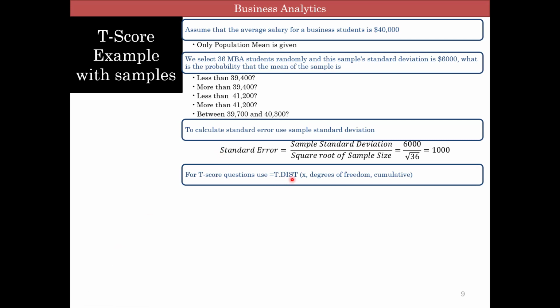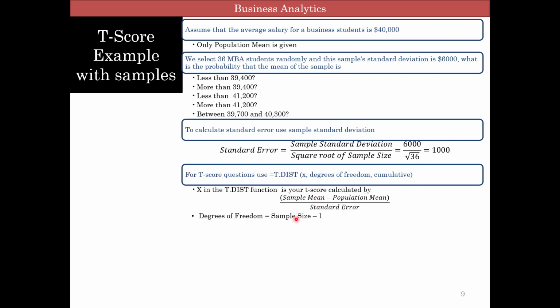You use T.DIST. In Excel, T.DIST requires you to give x, degrees of freedom, and cumulative, which is always going to be true here. And the x is actually your t-score, which you get using the formula of sample mean minus population mean divided by your standard error.